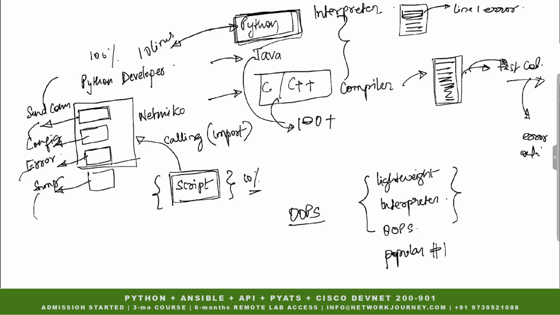For that, you can just Google and check what the most popular programming language is. You will get the indexing chart, and you will understand on what basis these are decided.